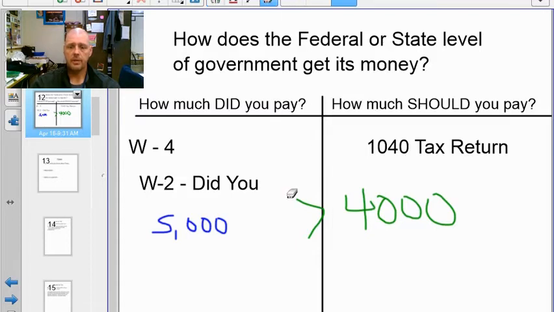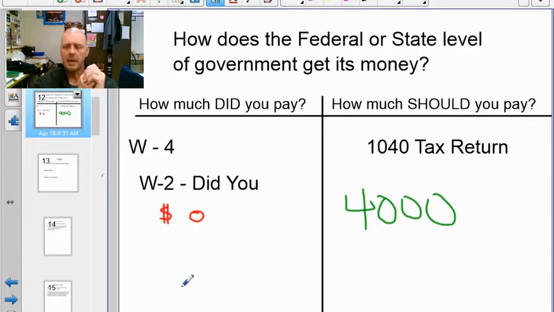Now, in theory, I can make a choice and say, you know what? It's my money. I want to keep all my money as long as I can keep it. I'm not going to have a dollar taken out of my paycheck in federal or state income tax. Okay. So starting January 1 all the way through December 31st, I don't pay any federal or state income taxes.